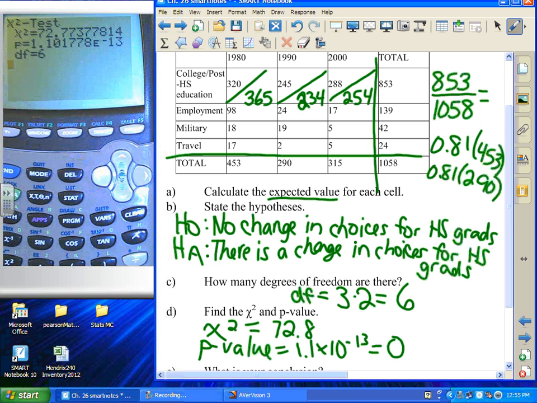So after you do this, it's kind of the backwards order, but since we're using the calculator, that's okay. We're going to go back and get all the expected values because you do need to show those.